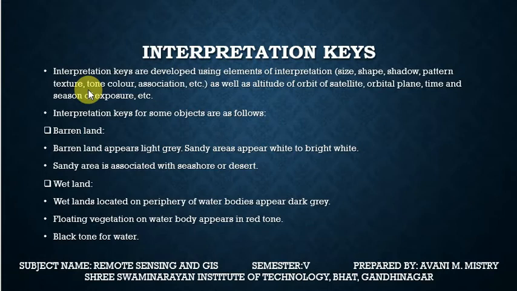Interpretation keys for some objects are as follows. Barren land. Barren land appears light grey, sandy areas appear white to bright white. Sandy area is associated with the seashore or deserts.